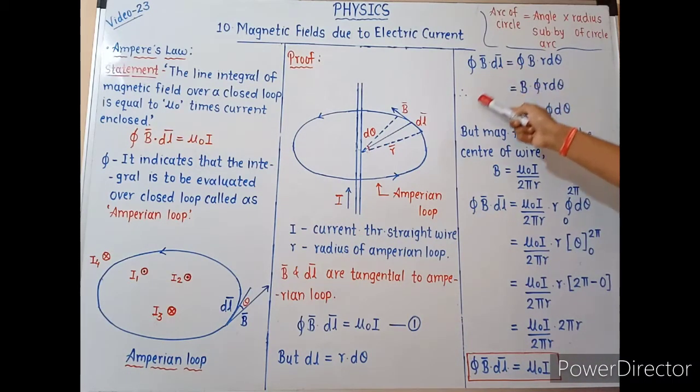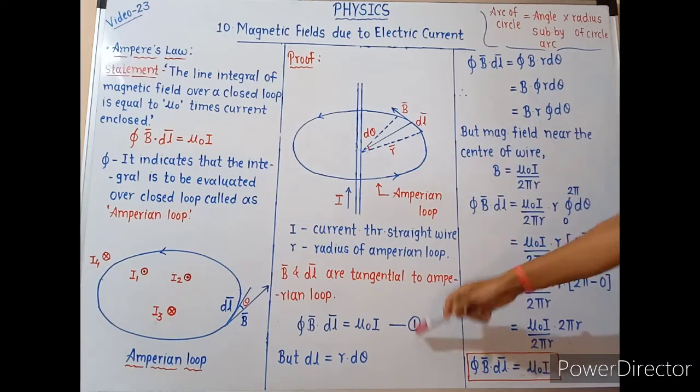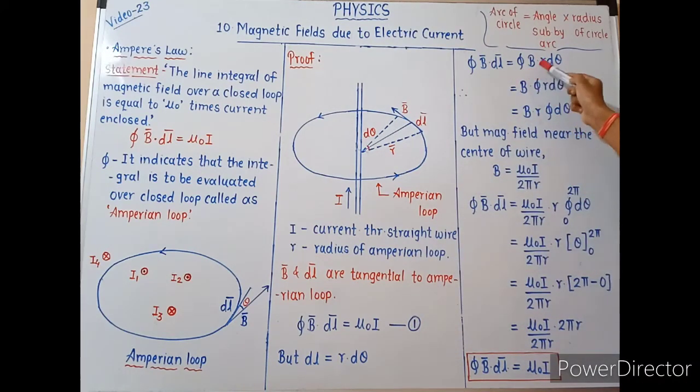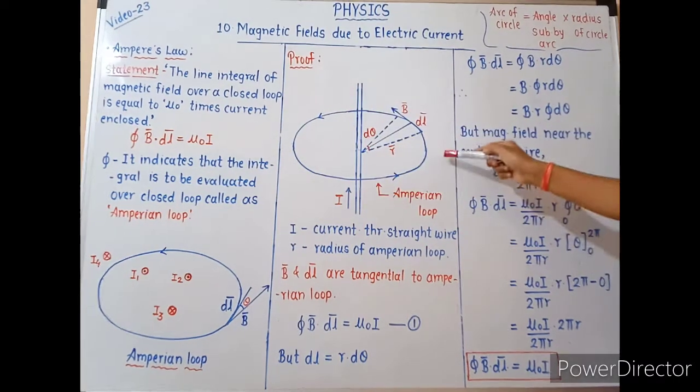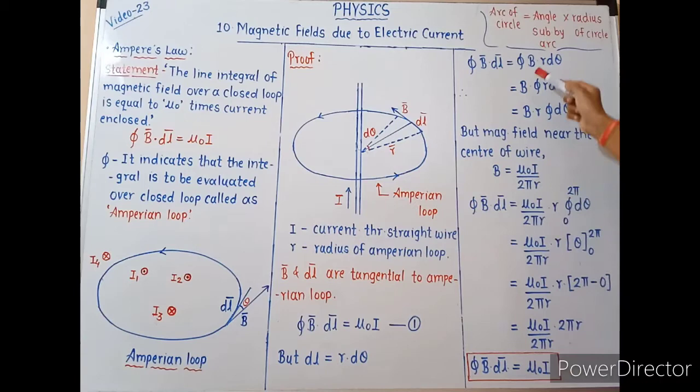Now the LHS of equation 1 is the integration over the closed loop of B bar dot dl bar, and the value of dl is r d theta. So it is the integration over the closed loop of B into r d theta. Now this magnetic field B is constant at every point on this Amperian loop, so take it outside the integration sign.